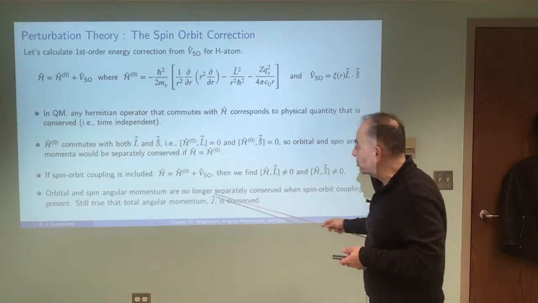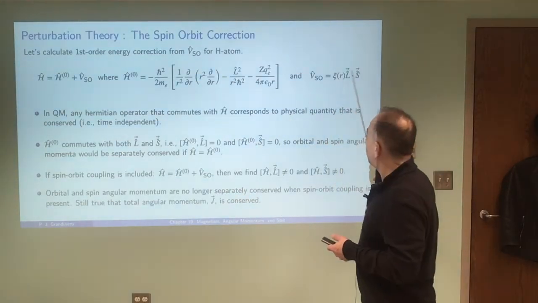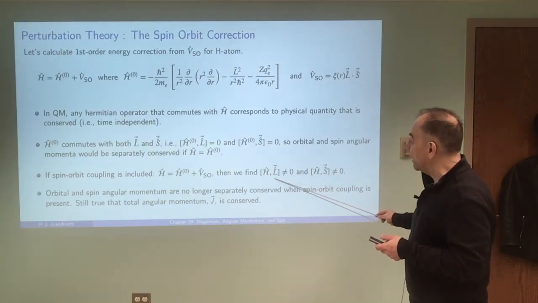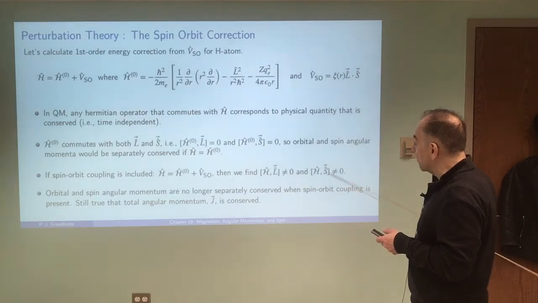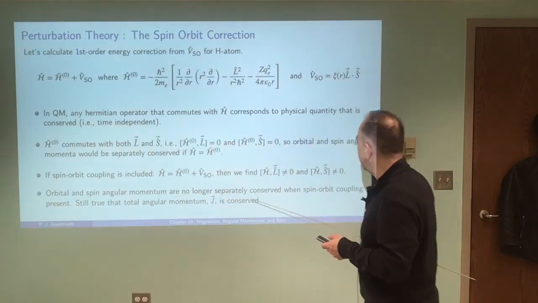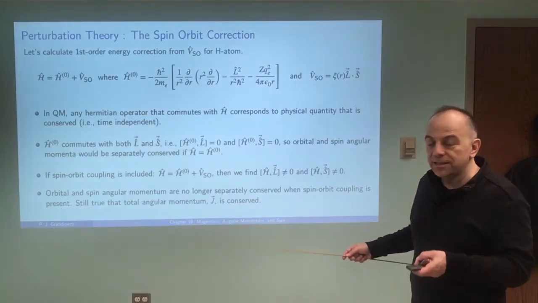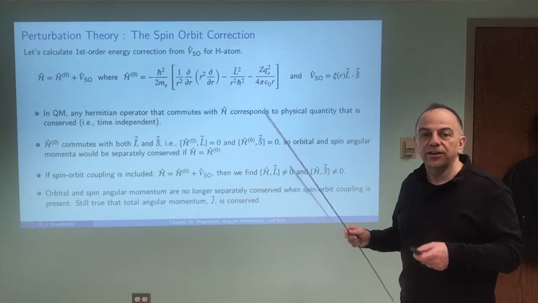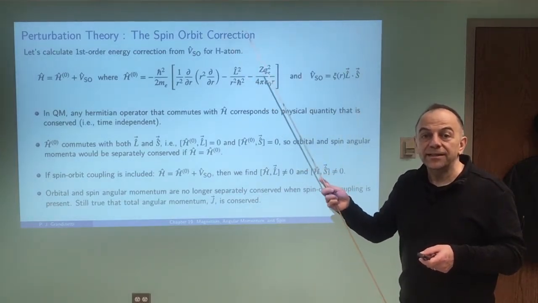But in fact, we have to include the spin-orbit term, and we find then that neither the orbital angular momentum vector nor the spin angular momentum vector commutes with the total Hamiltonian, and so orbital and spin angular momentum vectors are no longer separately conserved. So they will be time dependent.